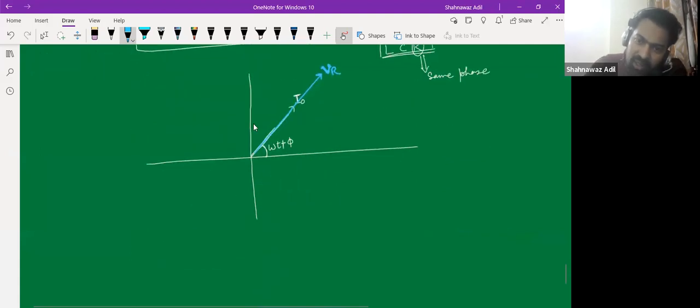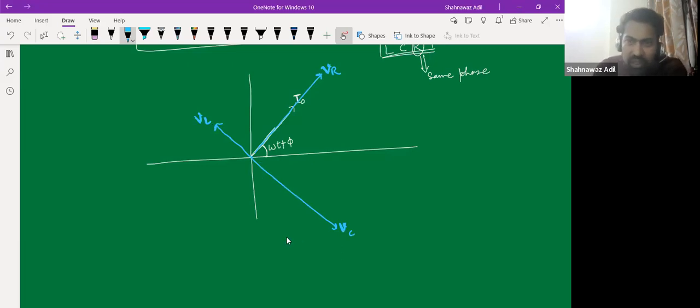So voltage is ahead of current by 90 degrees. So the voltage in the inductive circuit, VL, is ahead by 90 degrees. And then similarly the capacitive circuit, right? The voltage in the capacitive circuit is lagging behind, so this would be that.